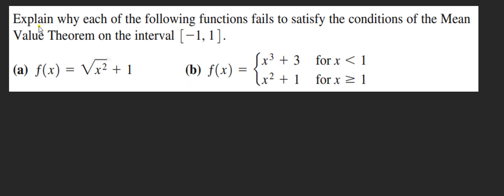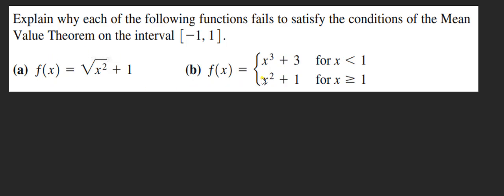In this example, it wants you to explain why each of the following functions fails to satisfy the conditions of the mean value theorem on the interval from -1 to 1. In order to do this, you want to graph both of these using your graphing calculator. Part A is pretty simple to graph.